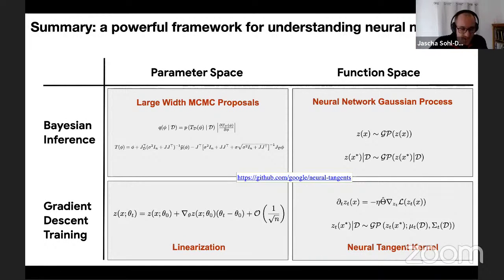Yeah, awesome. Okay. I think I better understand the question. So you're maybe asking, what is the connection between the linearization and the neural tangent kernel? And the answer is that they are exactly the same thing. Just one is in parameter space and one is in function space.